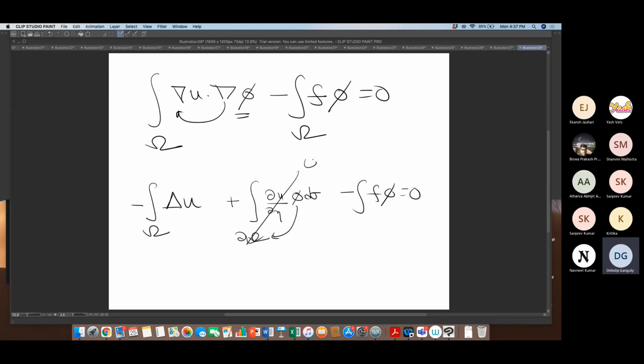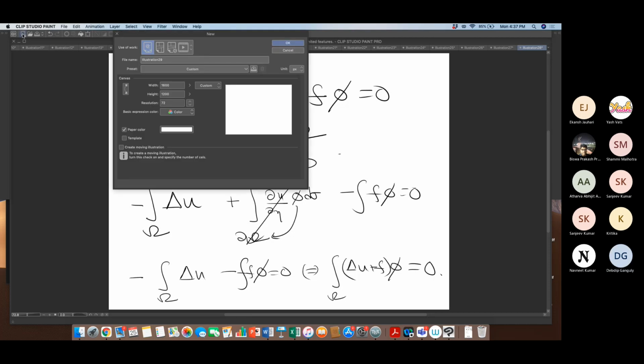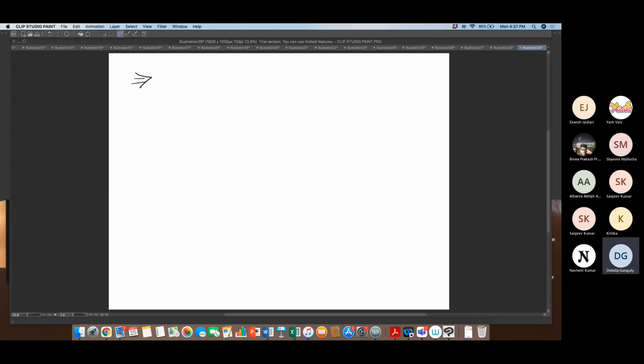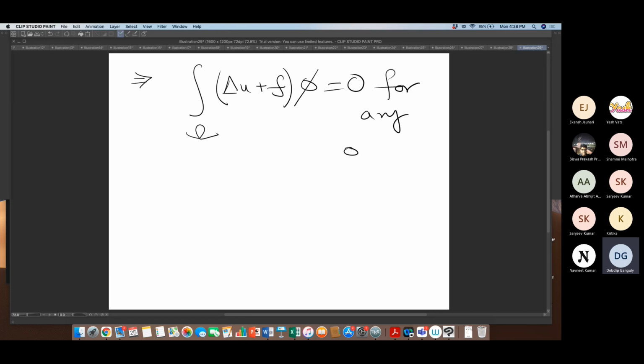So this term will not be there. This is now the integral over omega of Laplacian u minus f φ equal to 0, which is nothing but the integral of minus Laplacian u minus f, times φ, equal to 0 for any φ in C_c infinity of omega.